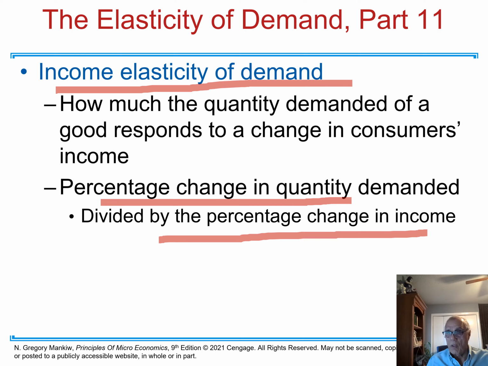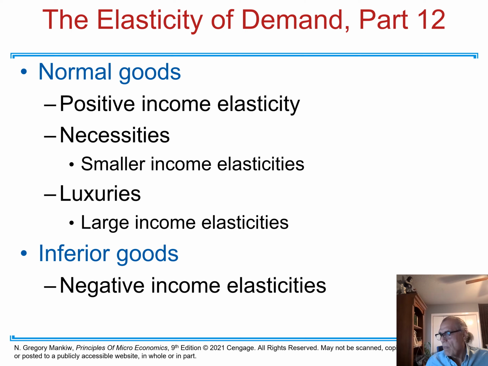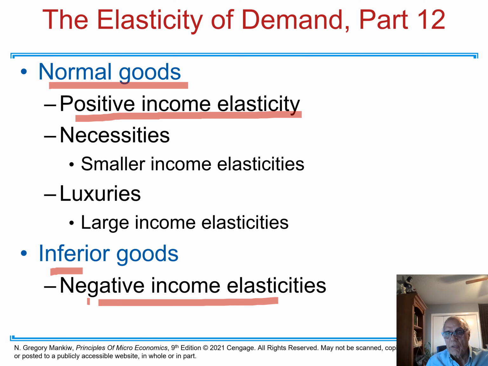If you recall, we call the goods normal if this elasticity is positive. We call positive income elasticity a normal good, and negative income elasticity an inferior good. Normal goods: necessities have smaller income elasticities, luxuries have large income elasticities.